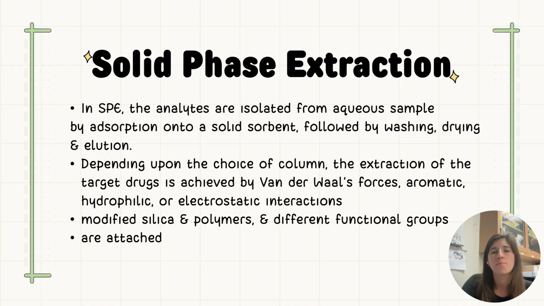And then we'll also have mixed mode columns, which use reverse phase and cation or reverse phase and anion exchange mechanisms. The drugs are going to be retained based on hydrophobic interactions and or electrostatic interactions. And this type of SPE procedure is used for the extraction of basic, acidic, and neutral drugs.